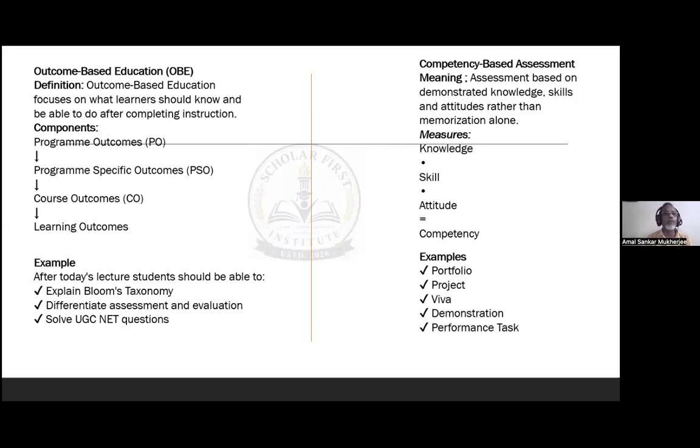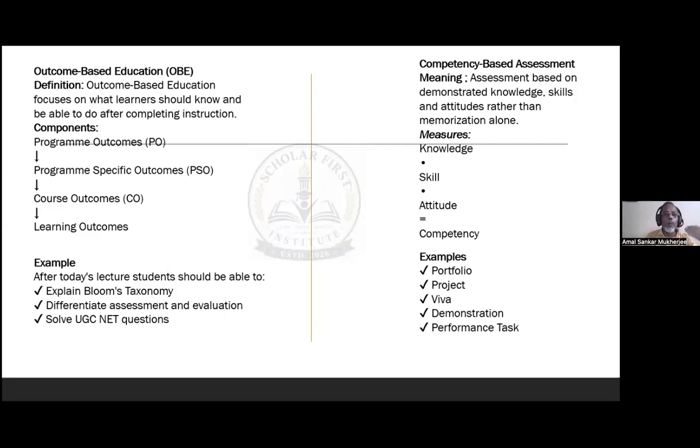Outcome-based education focuses on what learners should know and be able to do after completing instruction. That means before instruction, the outcomes are preset. And whenever we are providing the instruction, we are trying to reach those particular outcomes so that effective learning development is done for the student.